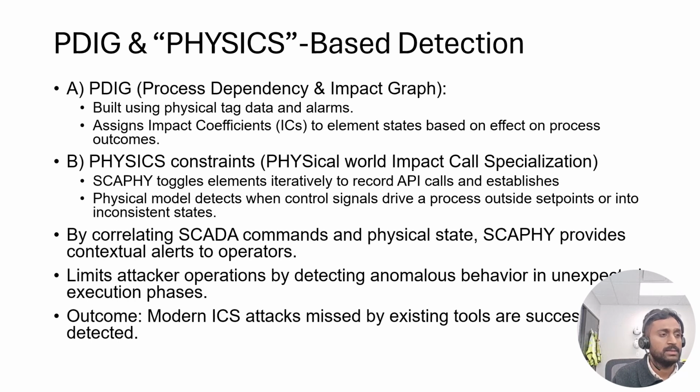And another thing is called physics constraints. Physics constraints is what is considered a normal process and what is within bounds. And as Scaphy toggles these elements in the simulation environment, they record what they call API calls, or in other words, SCADA actions, and they establish these physical constraints.